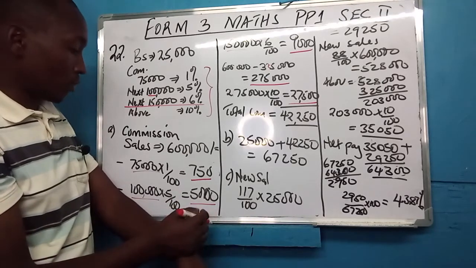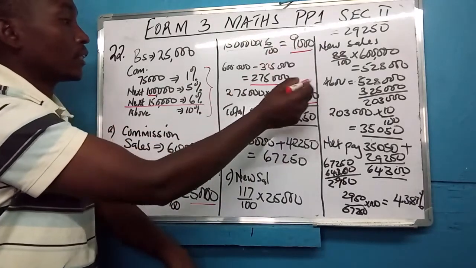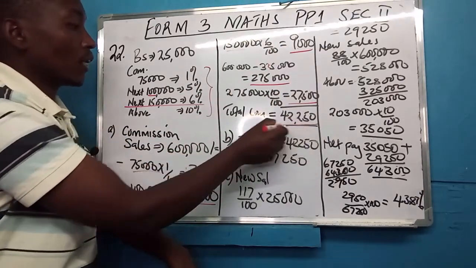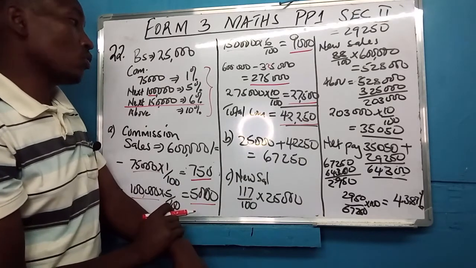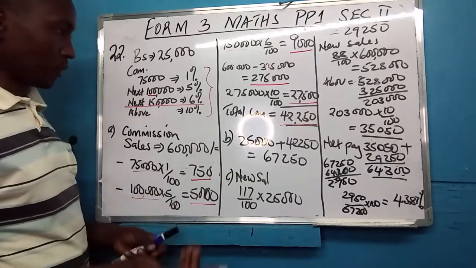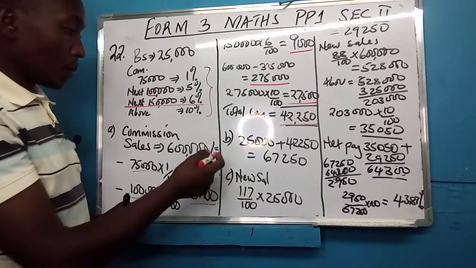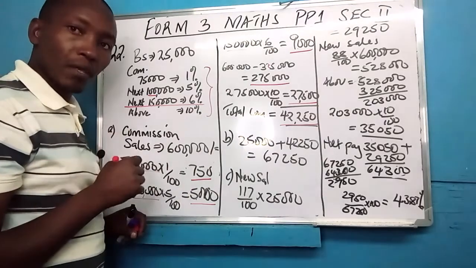Then you add all the commission. This one, add this one, add 9,000, add 27,500. You get 42,250. So that's the total commission. That's part A. I hope it is that simple. Then part B, the total pay for that month.